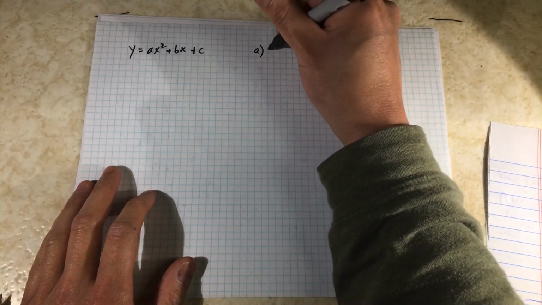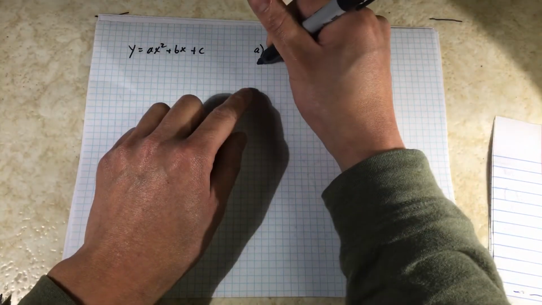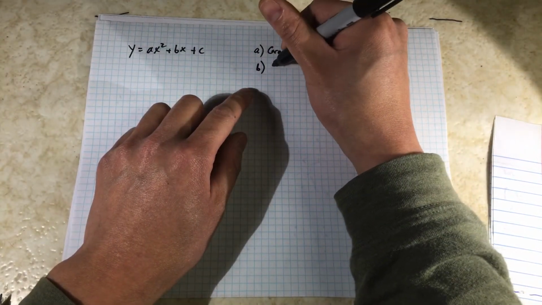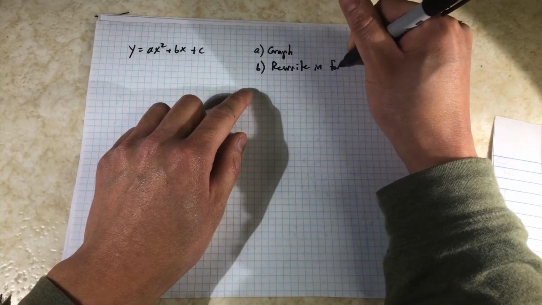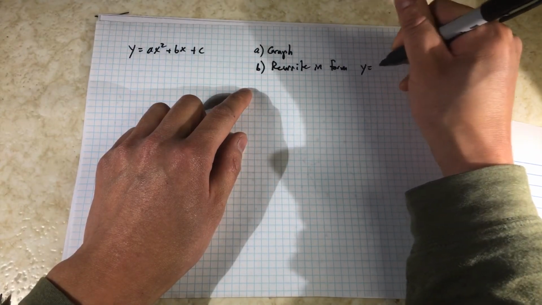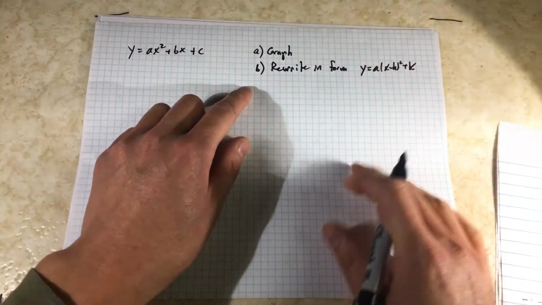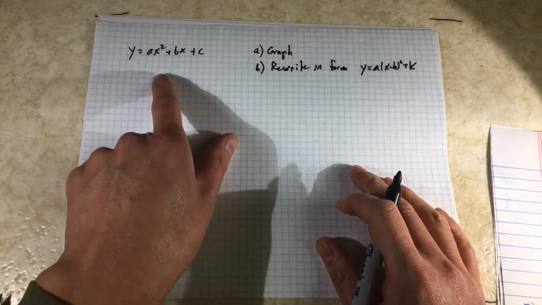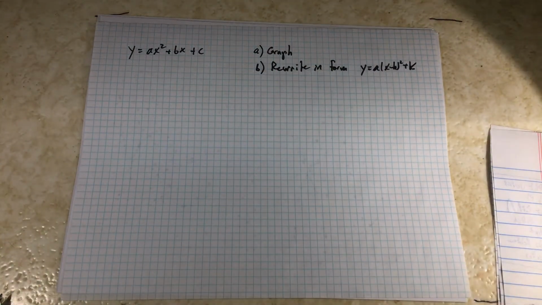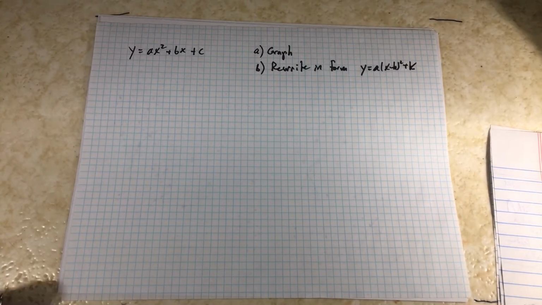The first thing is to graph it using this form, and the second thing is then to rewrite it in the form a(x minus h) squared plus k. So basically you graph this, and then you have to rewrite it in this form, and I'm going to go through some examples of how you would do something like that.